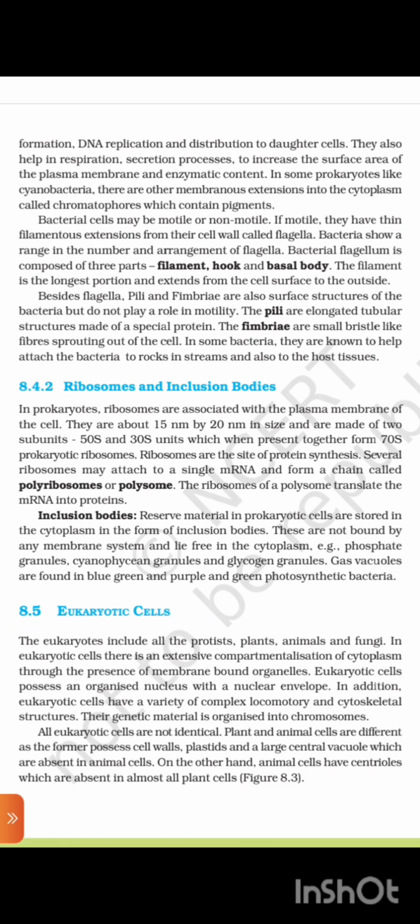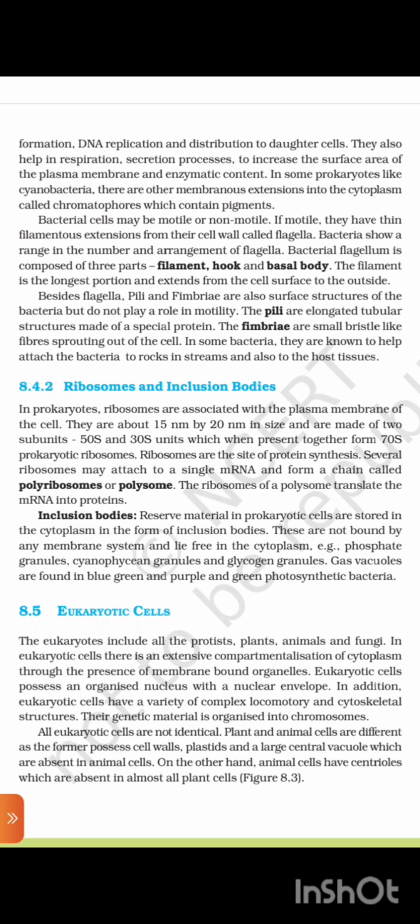8.5 Eukaryotic cell. The eukaryotes include all the protists, plants, animals, and fungi. In eukaryotic cells, there is an extensive compartmentalization of cytoplasm through the presence of membrane-bound organelles. Eukaryotic cells possess an organized nucleus with a nuclear envelope. In addition, eukaryotic cells have a variety of complex locomotory and cytoskeletal structures.